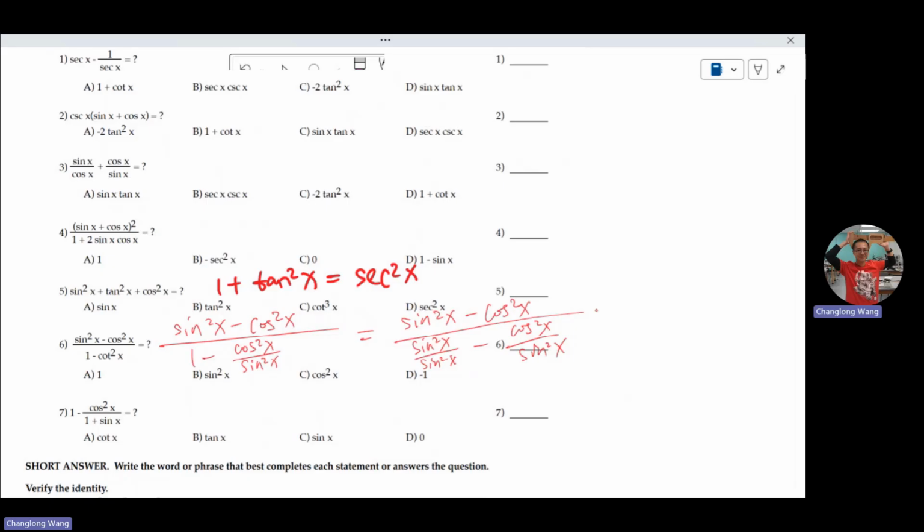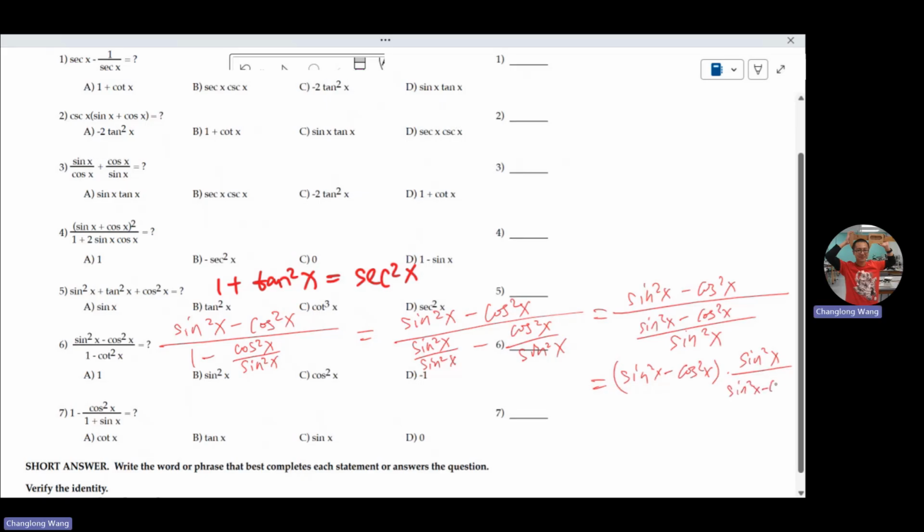So therefore, if you subtract the two fractions in the denominator, you get sine squared x minus cosine squared x, with a big fractional line, and then sine squared x underneath. So now you can do the keep-change-flip, when the denominator is a single-term fraction. You write the numerator sine squared x minus cosine squared x, times the reciprocal of the fraction on the bottom, so sine squared x over sine squared x minus cosine squared x.